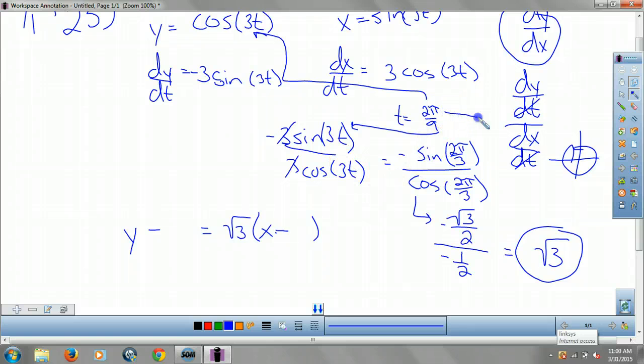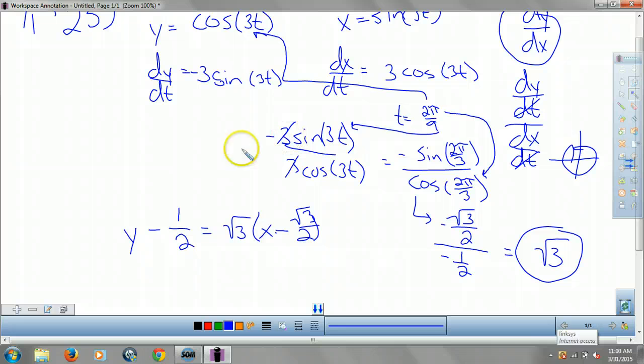But wait a second, we already kind of did that right here, didn't we? So you get y minus 1/2, right? Square root of 3. And then you get x minus root 3 over 2.